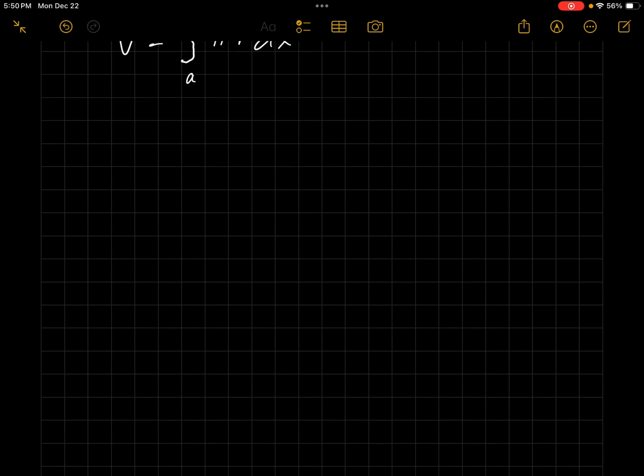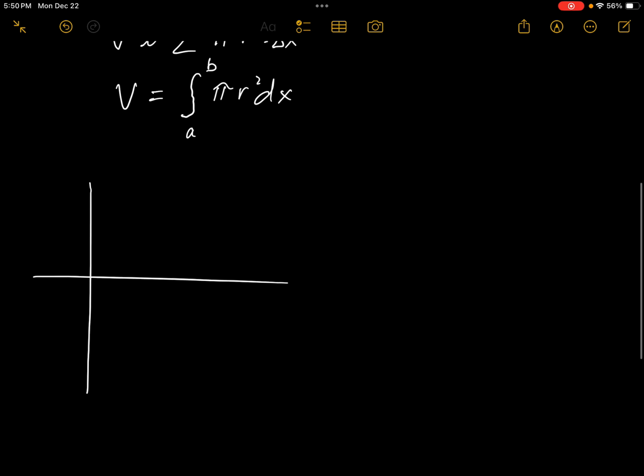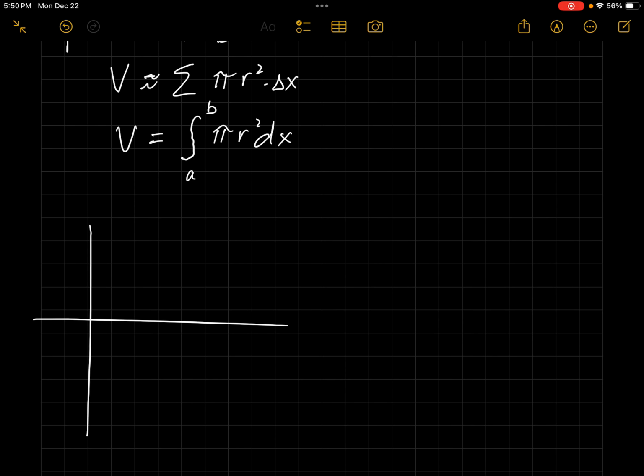Let's take a look at a specific example. So let's consider the graph y equals f of x equals the square root of x.